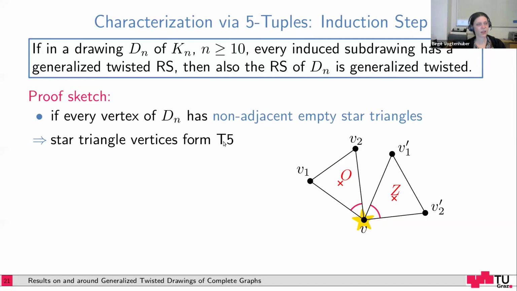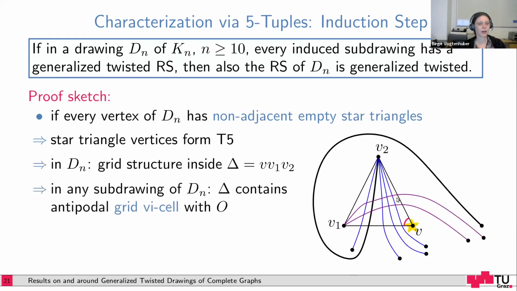Then the star triangle vertices of an arbitrary vertex, which we call V here, form a K5, a T5, because we already have 5 vertices. And then what we look at is the structure of the whole drawing Dn inside such a triangle. So in T5, our curve endpoint O would sit inside that triangle and C would sit inside the other.